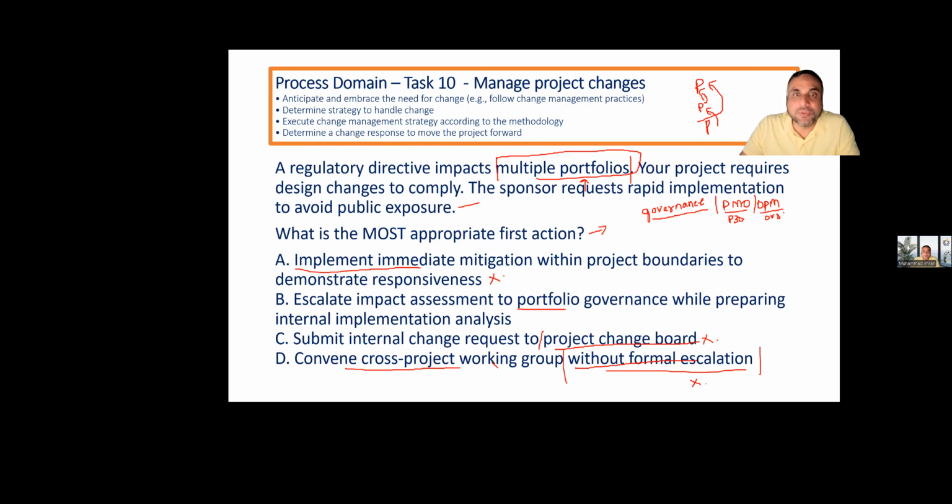If it is related to the benefits, where should you escalate? If the risk is related to the benefit, where should you escalate to? Who's working for the benefits? Program manager or sponsor?